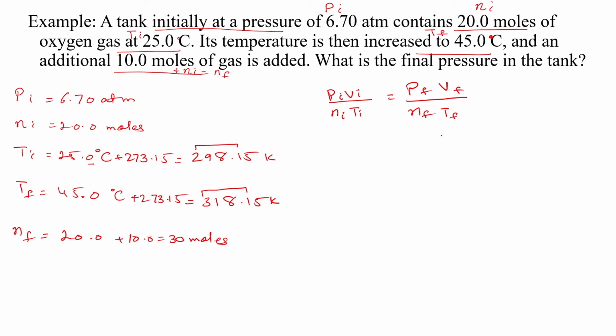So this will be our starting formula for all initial and final condition problems. So here you know that pressure is given, moles are given, temperature is given, but there isn't any information about volume. So if there isn't any information about volume, then we just cancel this out because it is constant. So the rest of the equation that we have is this.